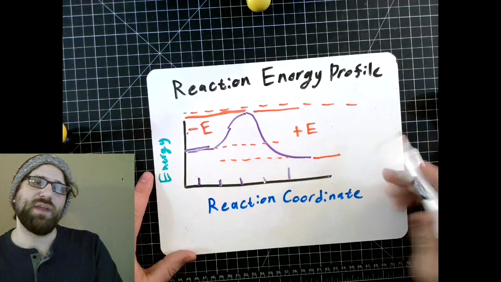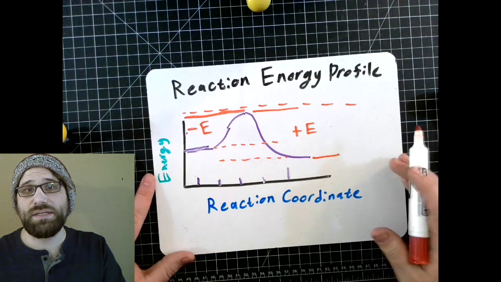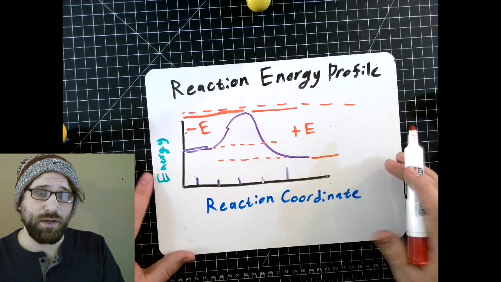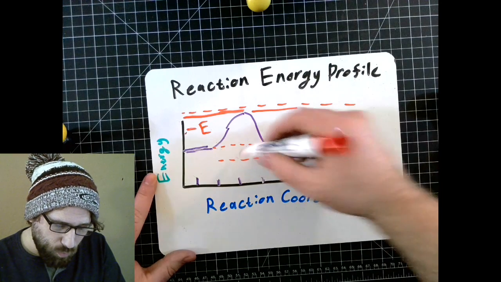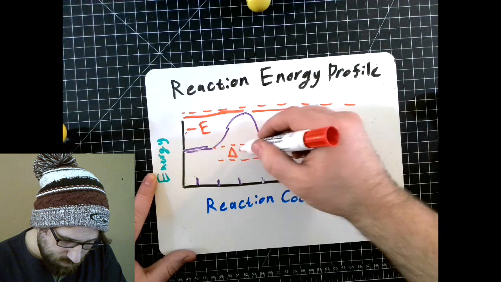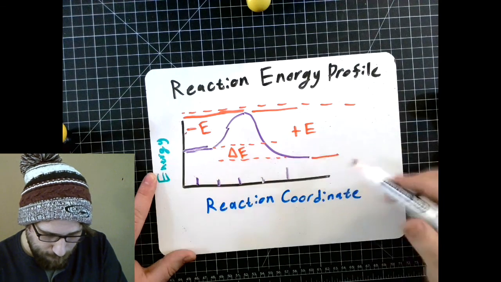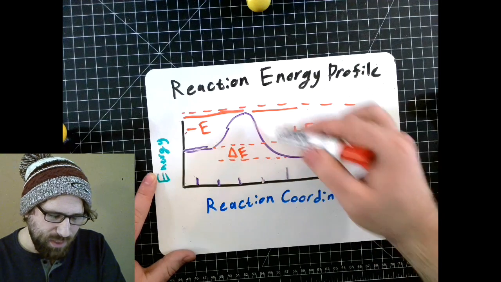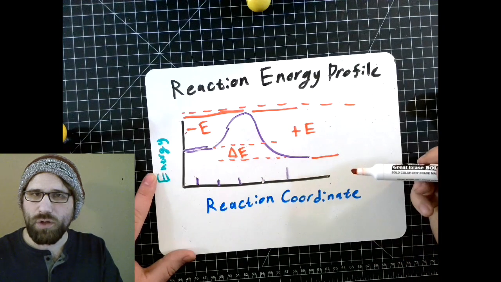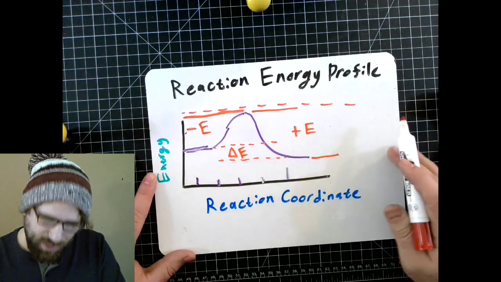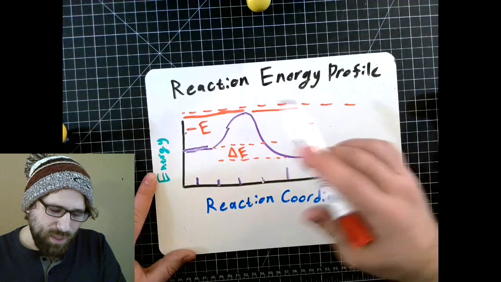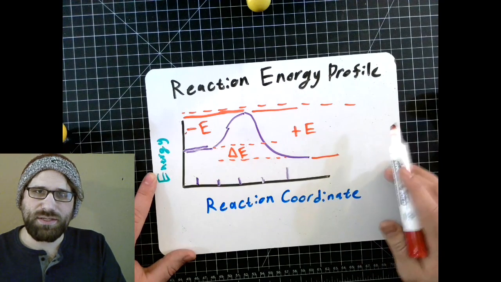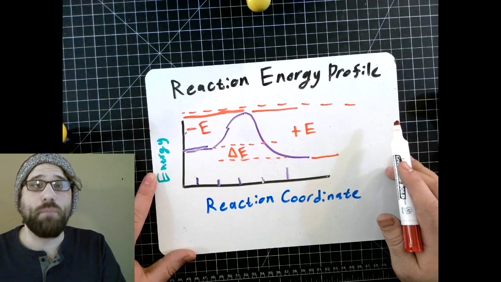So an application of an energy profile could be looking at different combustible fuels for an engine. I need to know what this difference is. So the difference in energy. I need to know this change in energy. If this isn't big enough, then it's really not going to be worth it to try and use this fuel. So there are a lot of applications of an energy profile. And we're going to be able to extrapolate this when we start looking at reactions in multiple steps.